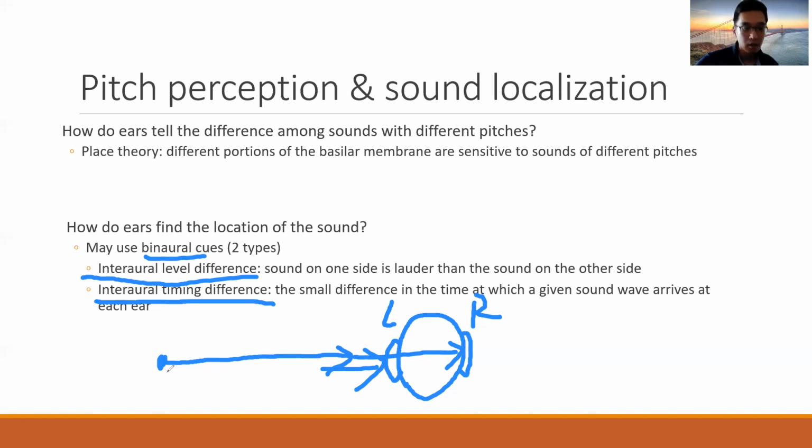For example, if the origin of the sound is from here, it needs time to travel. In second 1 it travels here, second 2 here, second 3 here, and the left ear gets the sound, and it needs another second to reach the right ear. There's a timing difference. The brain can tell that very quickly.